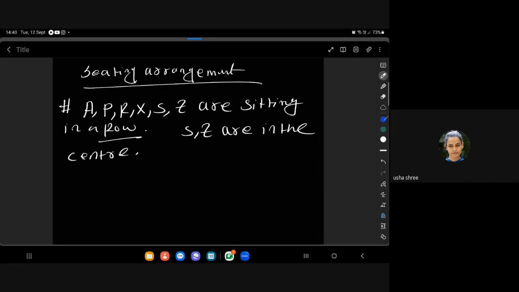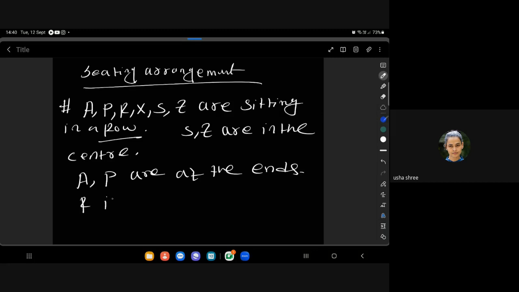One information, two information you've got. There are 6: A, P, R, X, S and Z. Now S and Z are in the middle. Third information is A and P are at the extreme end.